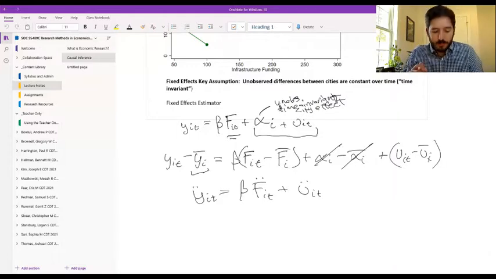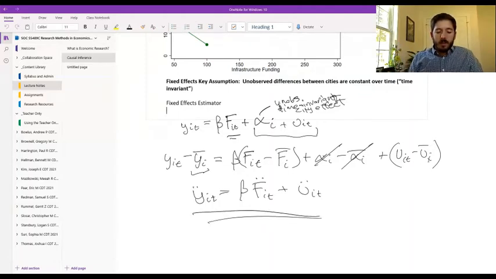Okay, so we're just transforming the variables. And now notice what we've got here. We don't have that extra unobserved city effect in our error term. Because we assumed that the effects of the cities were constant over time, by pulling out the mean of all these variables, we've gotten rid of this term.